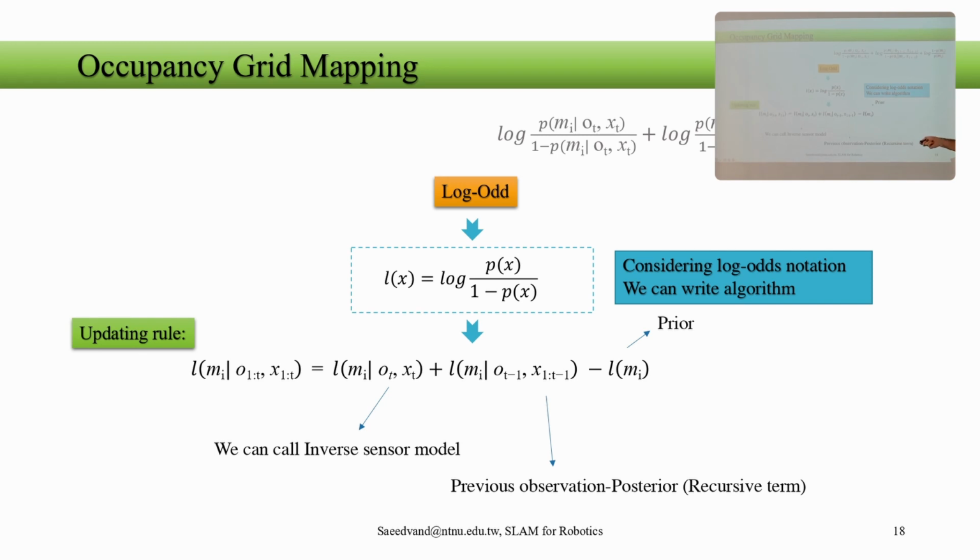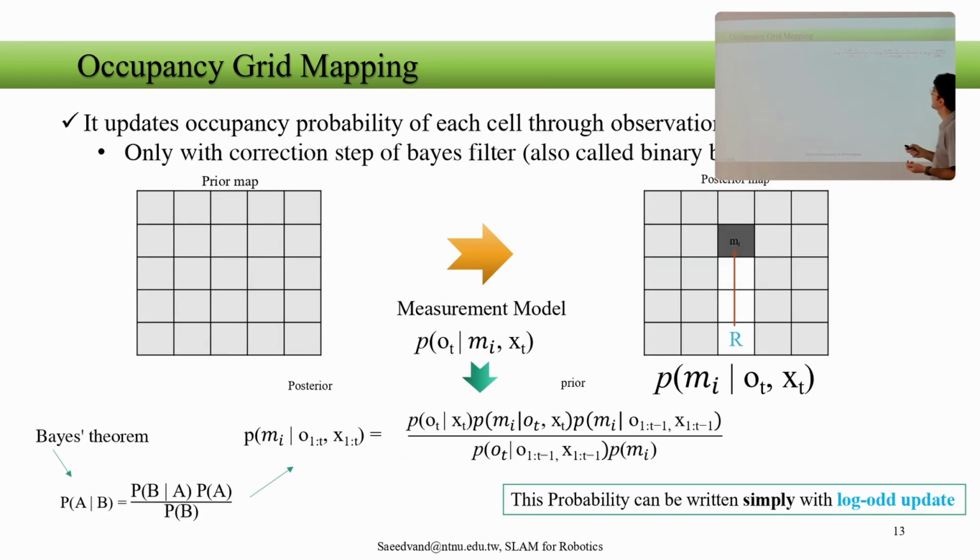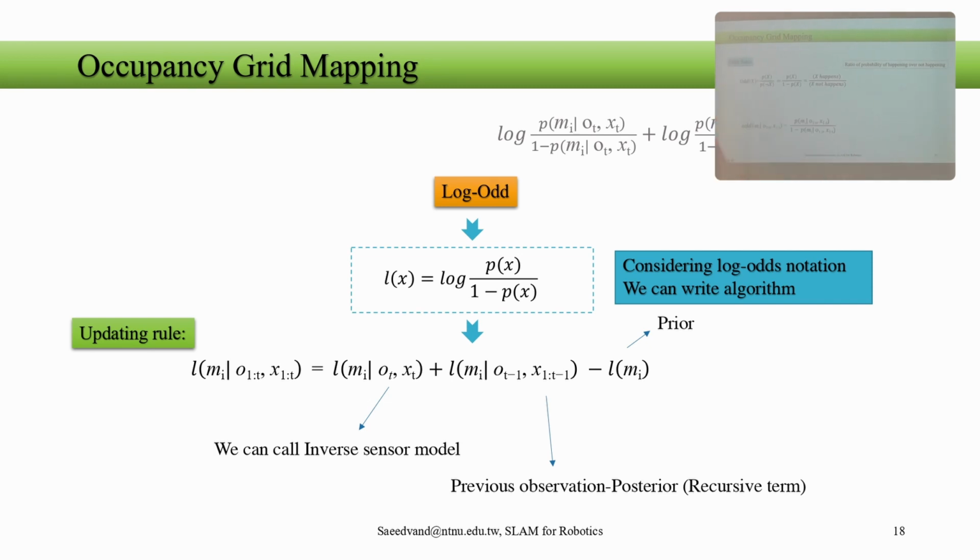On the other hand, the second part is the previous observation or posterior, that is a recursive term, and if you have a look at the slides here, the posterior calculation we calculated in this part, and this is the prior. And why prior?